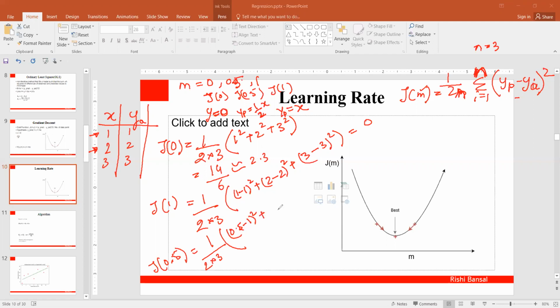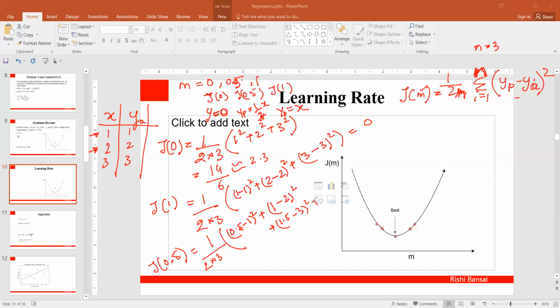Now for x equal to 2, what is y predicted? 1. 1 minus 2. Plus x equal to 3, what is y predicted? 3 by 2, 1.5. 1.5 minus 3, right?